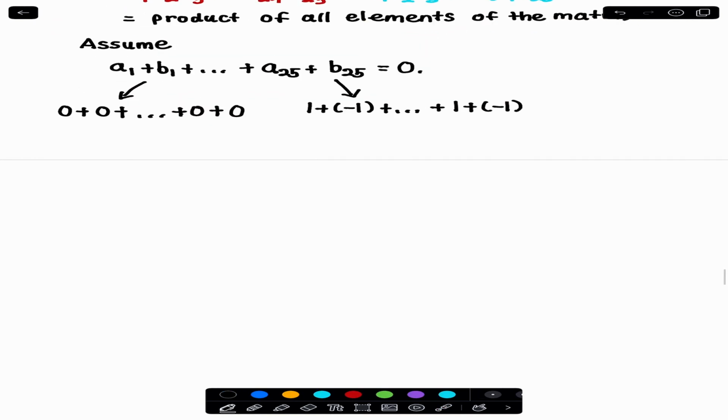So as I said before, clearly to get a sum of 0, so to cancel, there must be the same number of ones and negative ones.